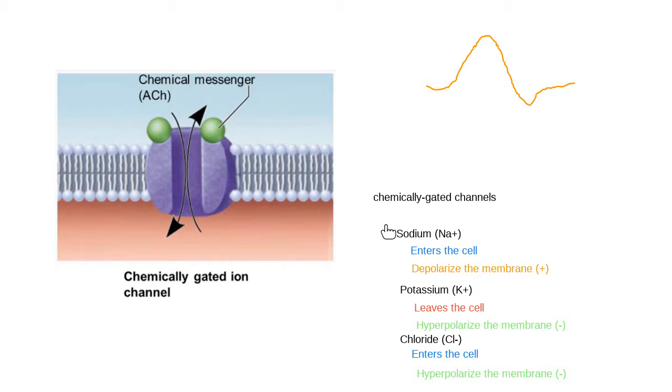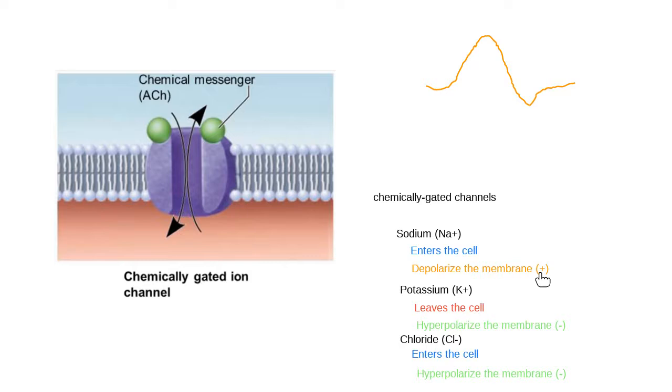Okay. This right here, I apologize, green was a bad color to pick, but this right here, we need to underline, highlight, star. Yes, we need to snap a picture of this. We need to know not only the direction that ions are moving, either into the cell or out of the cell, we also need to know what effect that has on the membrane charge.